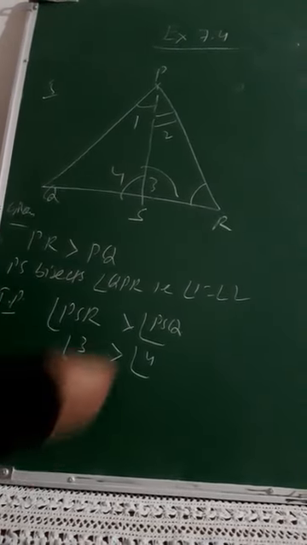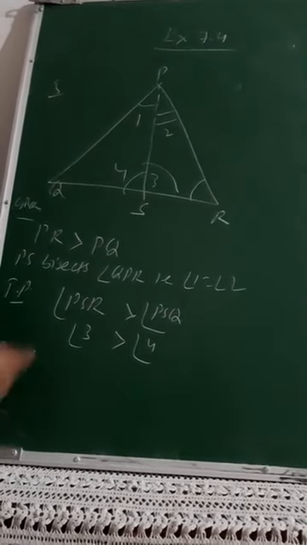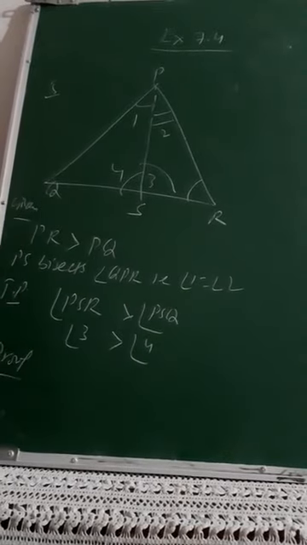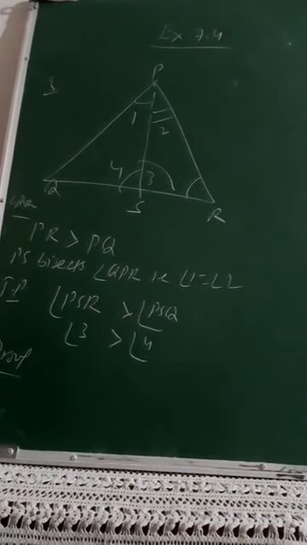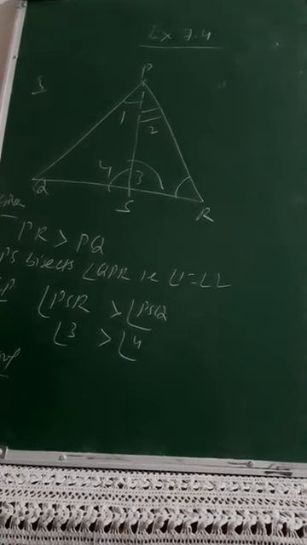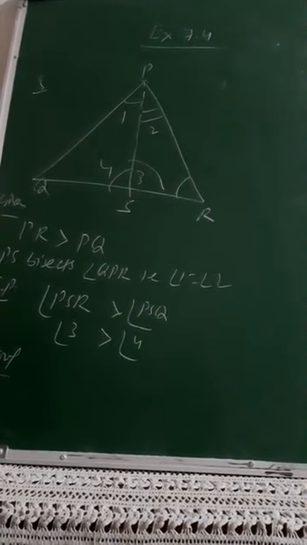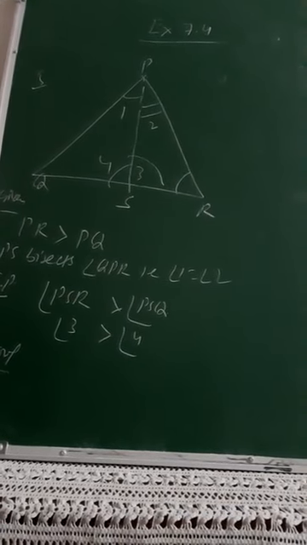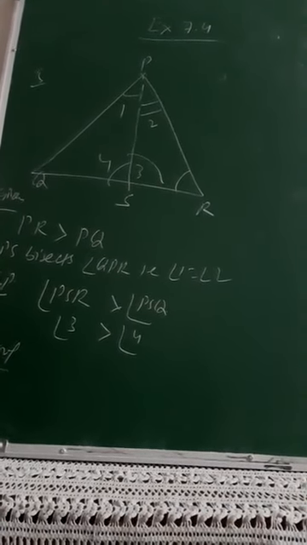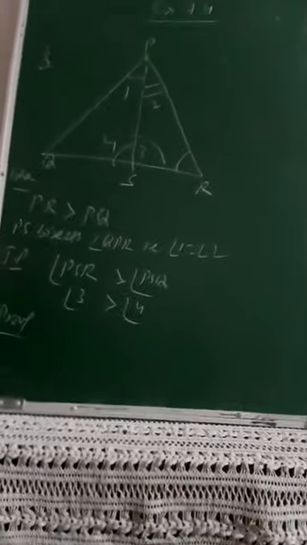Now in the proof, I have angle 1 is equal to angle 2, and on that part I need to prove angle 3 is greater than angle 4, that is, angle PSR is greater than angle PSQ.